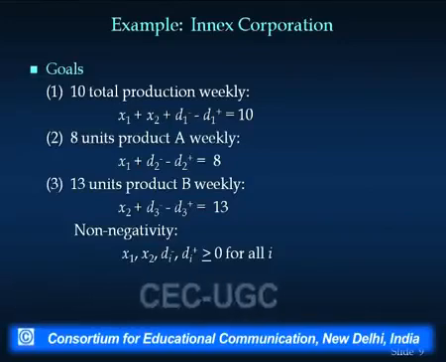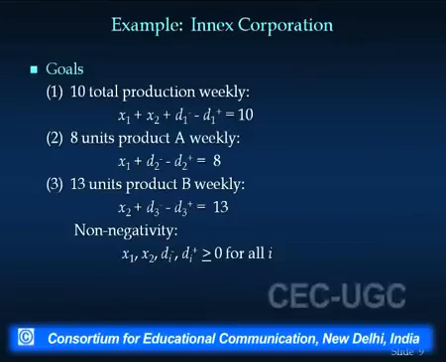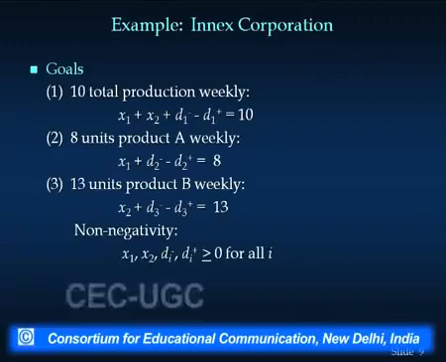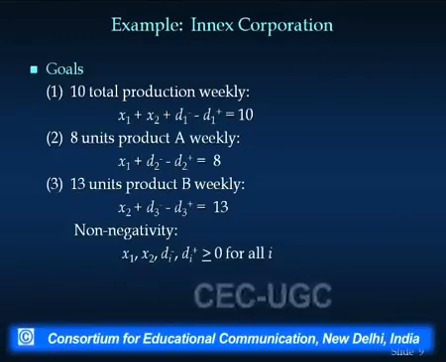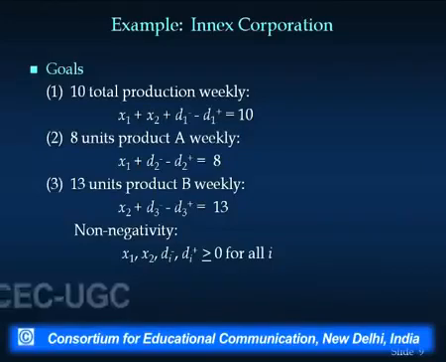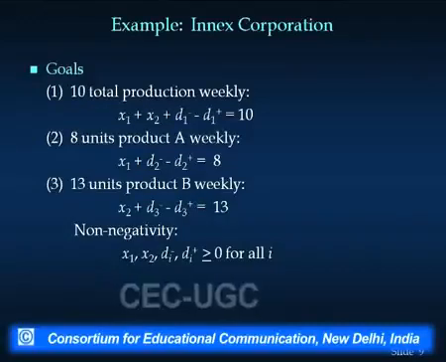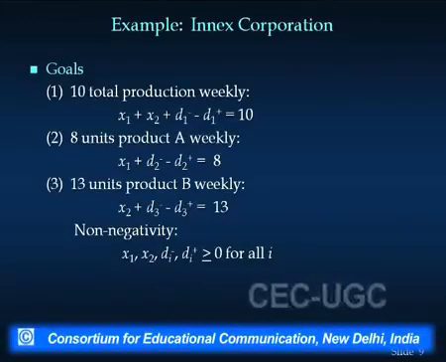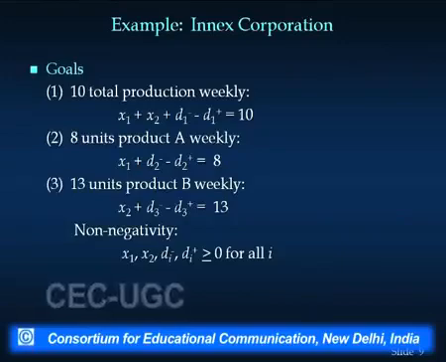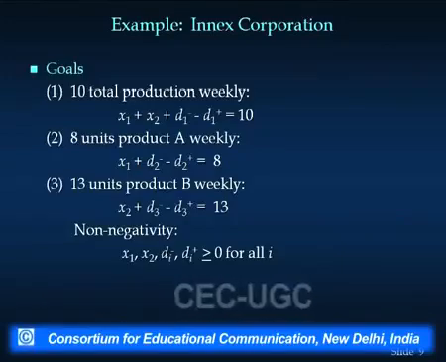Now we will concentrate on this particular equation so that we understand it once for all how it is made. The constraint is on the total production, and total production is x1 plus x2. And we want that minimum 10 number of product 1 and product 2 should be produced. If it is underachieved, underachievement is shown by D1 minus.